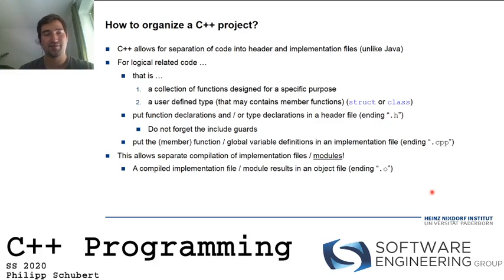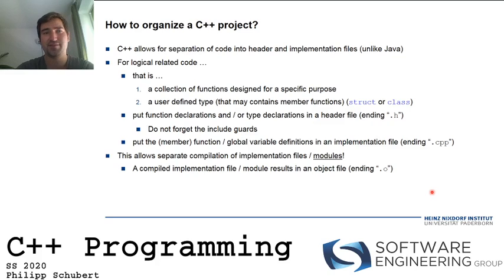So if you have code, you can have multiple files, and usually for logically related code, you have one header file where all the declarations go, and then you have an implementation file where all the implementations go. And each of the implementation files, so .cpp, you can then translate individually, separate from each other. And then you end up with a bunch of object files.